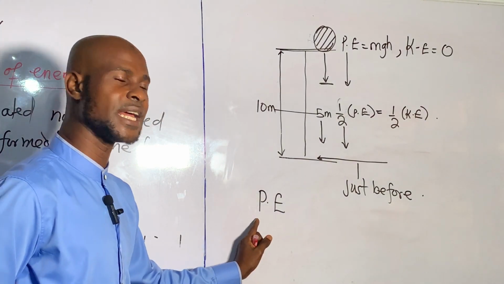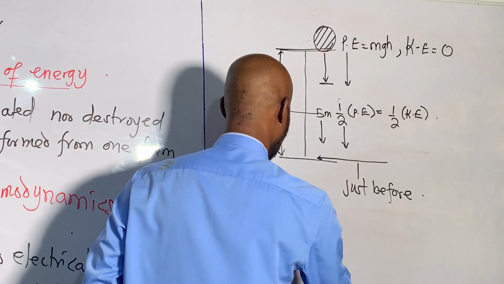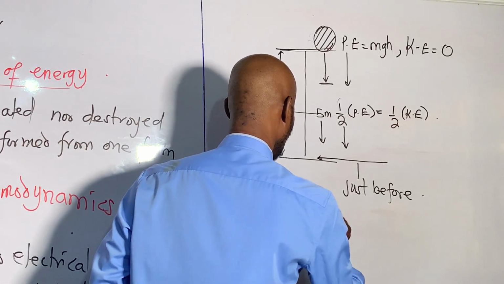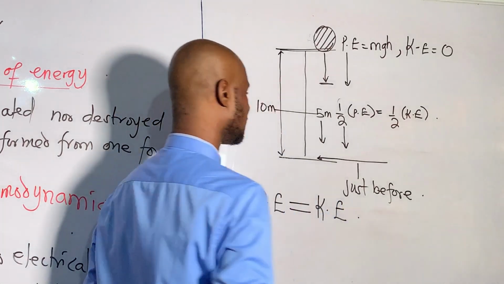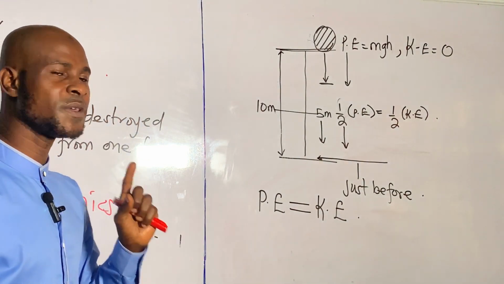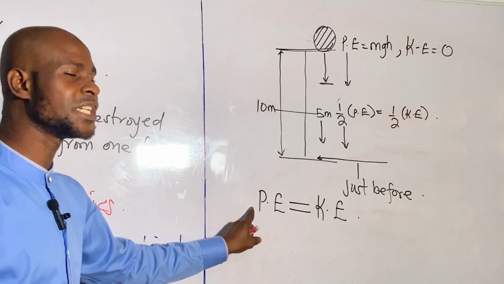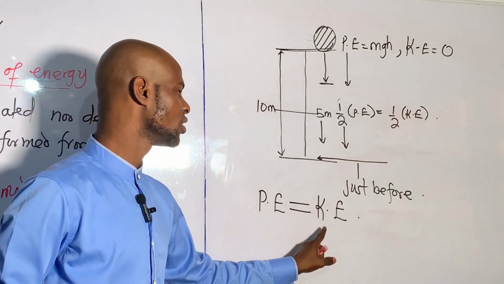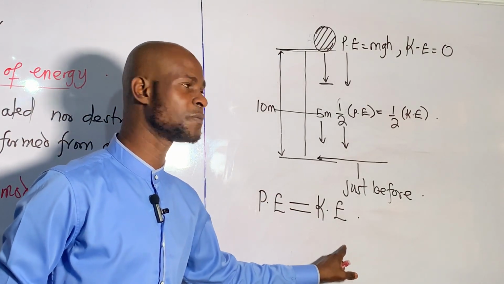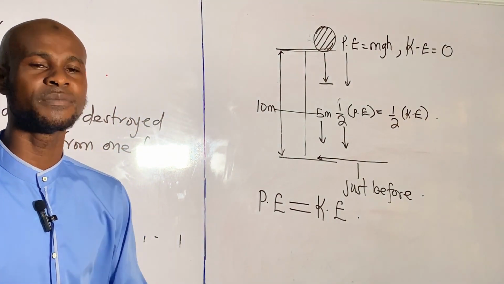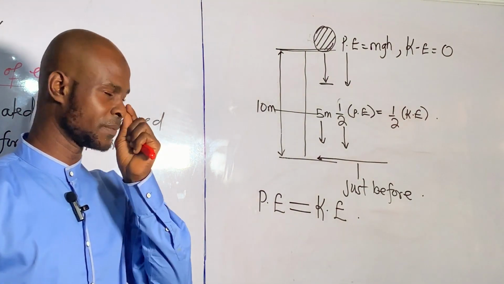So the potential energy will be converted to kinetic energy, which means the object will have a maximum kinetic energy.